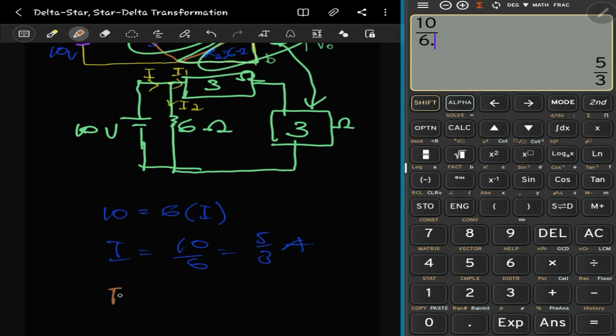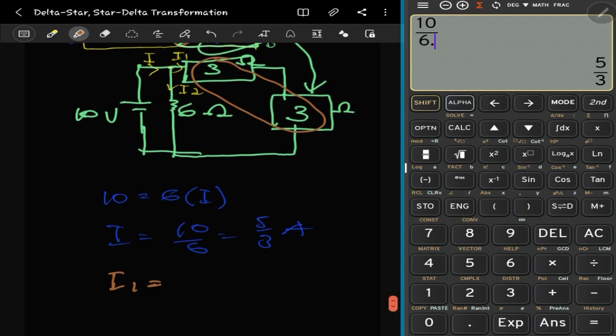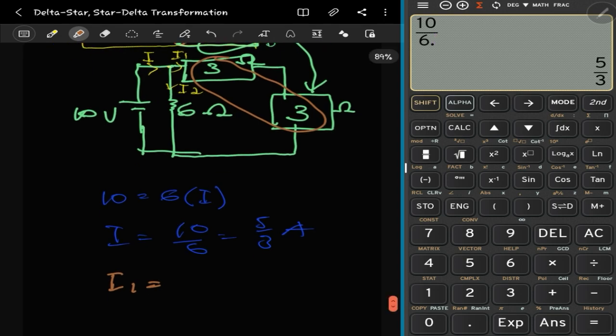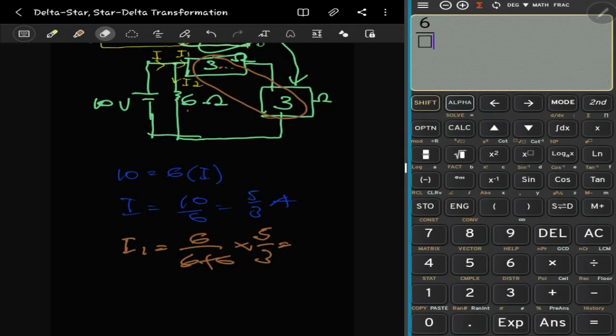Okay. So I1, right? Definitely we can see that we could add these two up and we get just one resistor, which is about 6 ohms. So if we want to find the current flowing through that one, this will happen. This is the opposite one, so 6 on 6 plus 6 times this 5, it should be 6 on 6 plus 6 times 5 on 3, right?